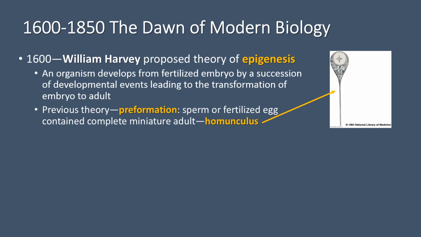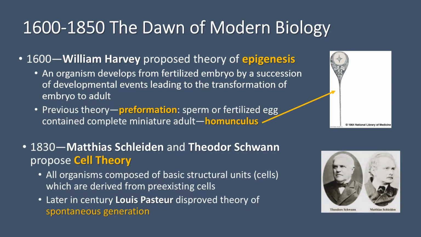But it was actually completely formed with arms, legs, and eyes and everything from the get-go, which is kind of crazy. So in 1830, that's when the idea of the cell theory came around, when they were able to start looking through a microscope and see cells. Schleiden and Schwann recognized that all organisms are composed of cells, which are derived from pre-existing cells.